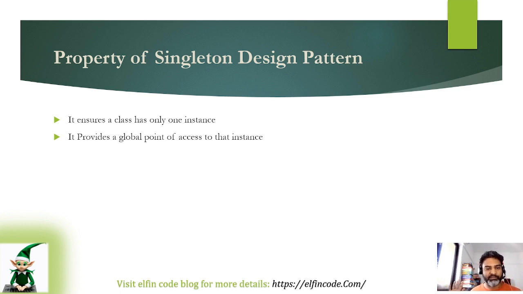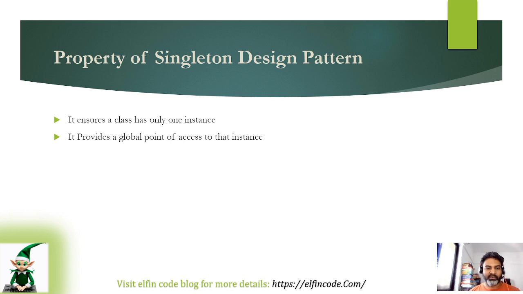The developer might think he created obj1, obj2, but ultimately obj2, obj3, obj4, all of these objects will have only one reference, which is the first reference when the object was created for this particular singleton class.